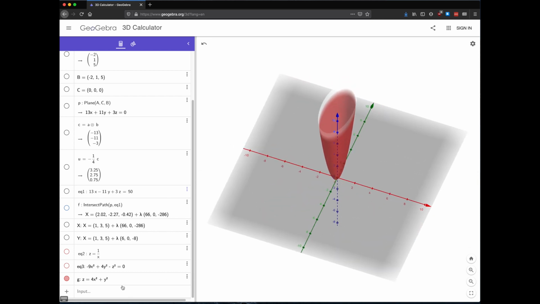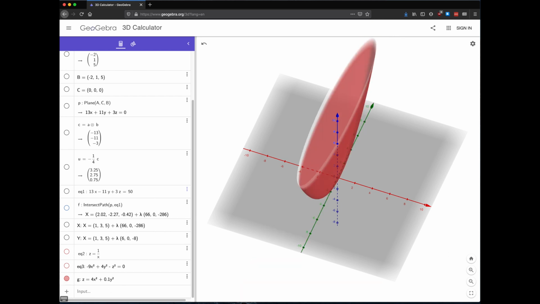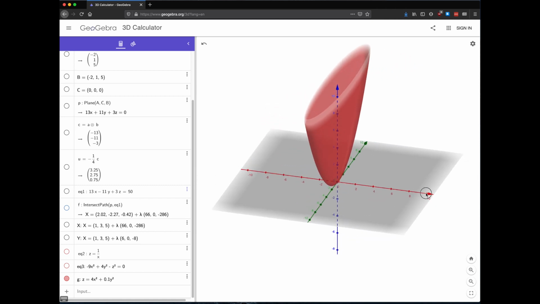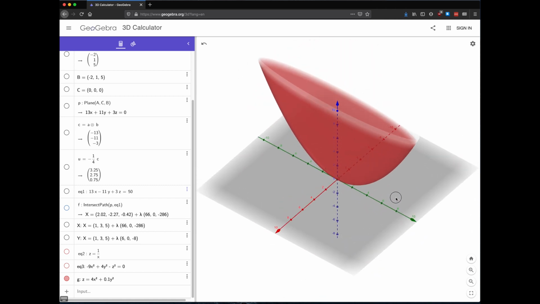Classic. Maybe I'll make it a smaller coefficient of y, spread it out a little more. So the smaller that coefficient gets, the more it's going to get stretched out in the y direction.